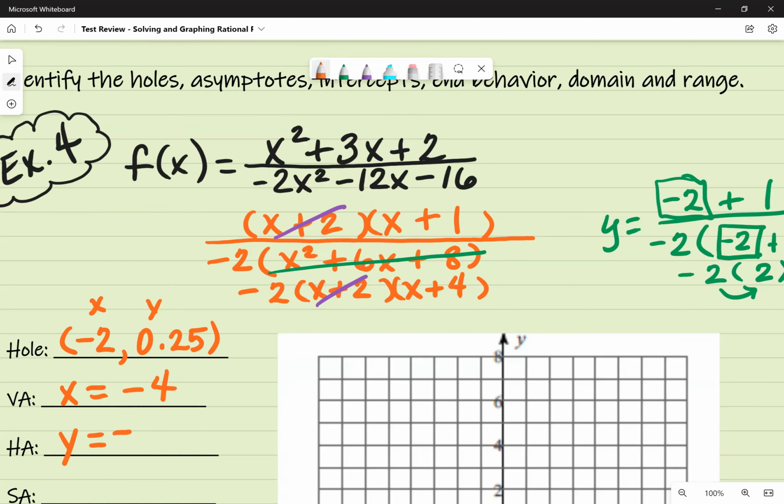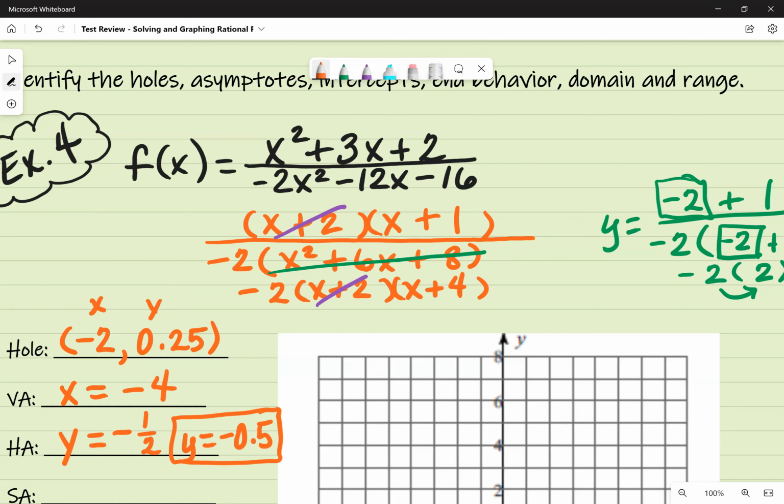And again, for me, I like to change that -1/2 into a decimal. So it's not approximately, it's equal to -0.5. So that's the one that I will go with. It's not wrong if you put -1/2.